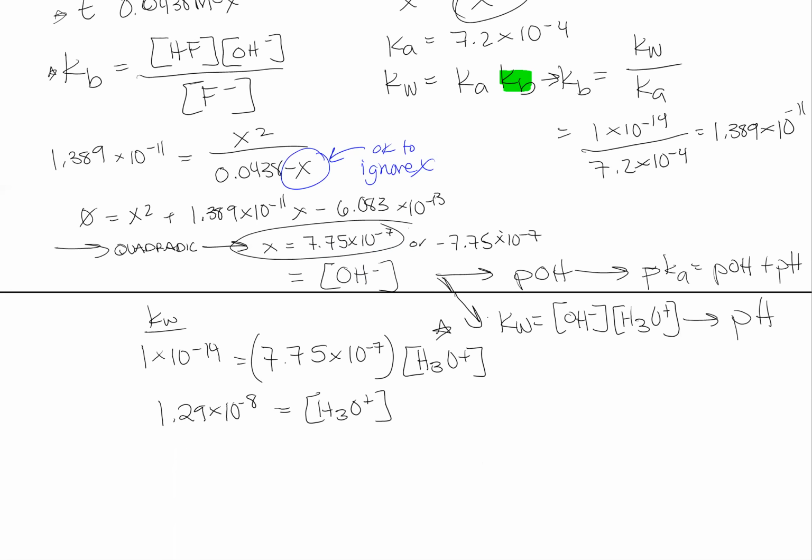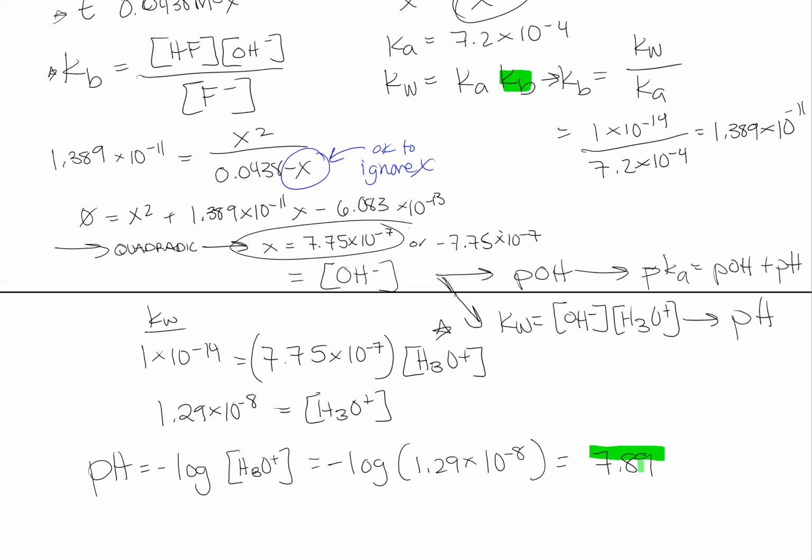Then I can plug this into my pH equation. It'll be equal to the negative log of that 1.29 times 10 to the negative 8, which will give me a value of 7.89. And this will be my pH at the equivalence point.